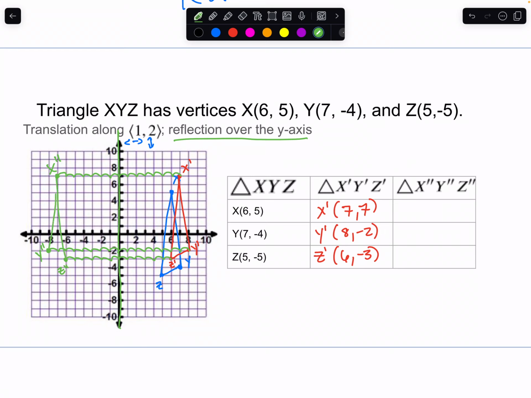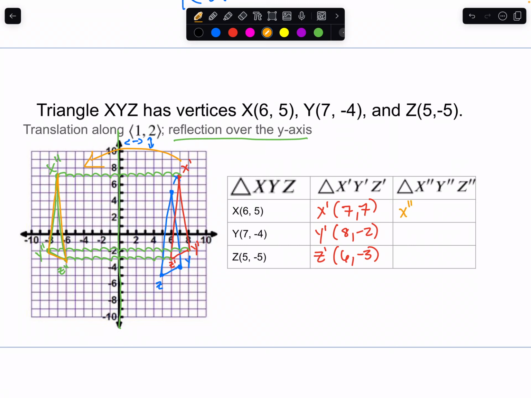And if you look at the graph, let's see if I can do it in a different color for this one. This is the triangle, where it ends up after 2 transformations. Now, without the graph, if we look at our rules, when you're reflecting it over the y-axis, since you're flipping it over to this side, it's the x value that's going to change to the opposite.